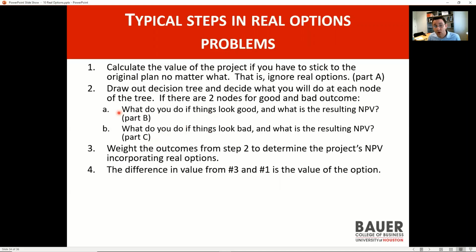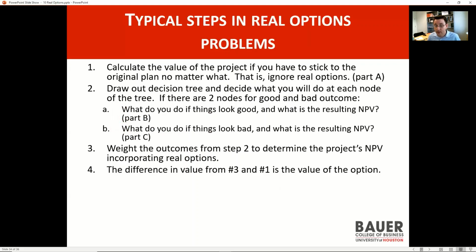Find out the NPV along each node of the tree. And then the fourth part of a problem would be to weight these two outcomes. So you decide what is the value of the project if I have this optionality. If I can change my actions when things look good versus when things look bad, what's the total value of the project?